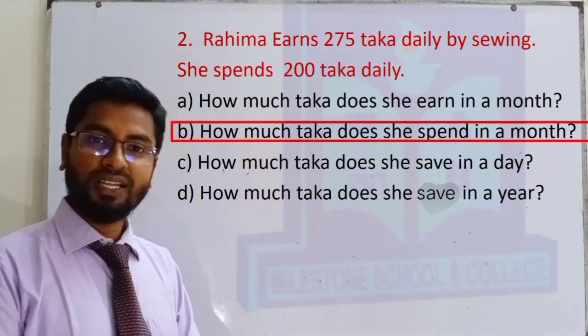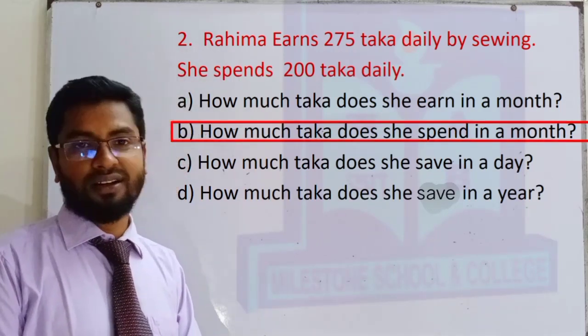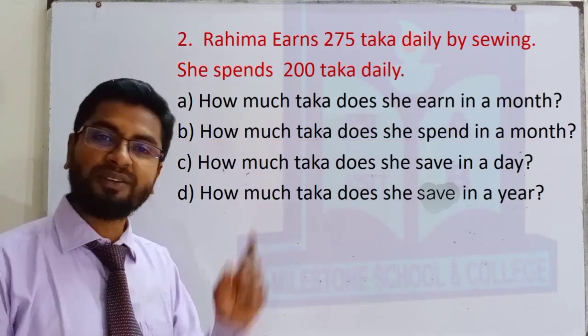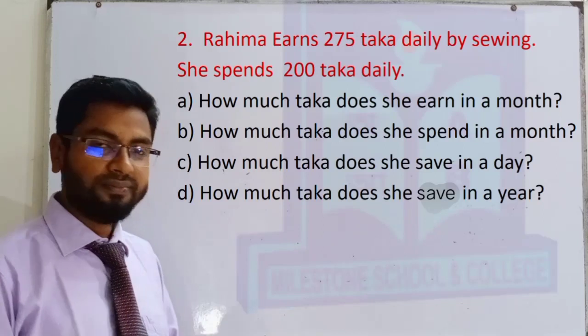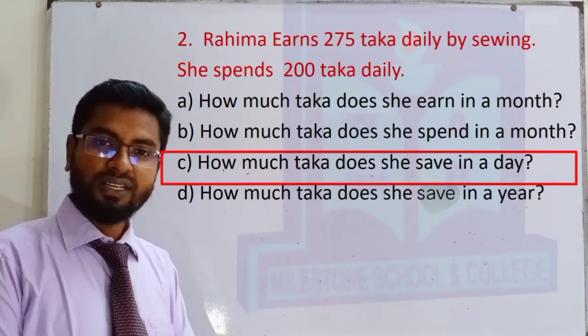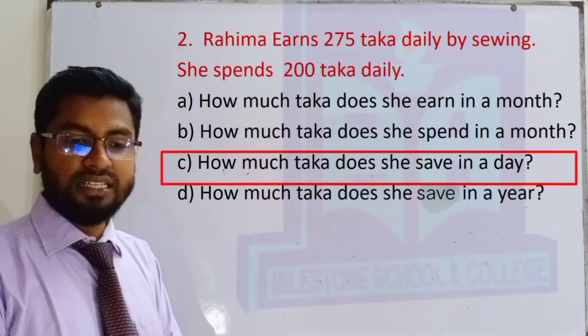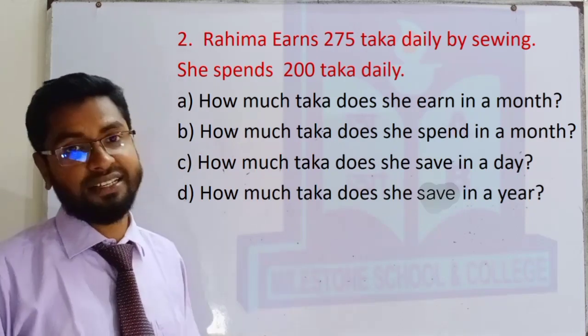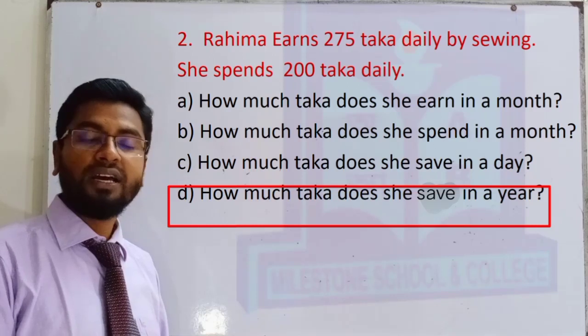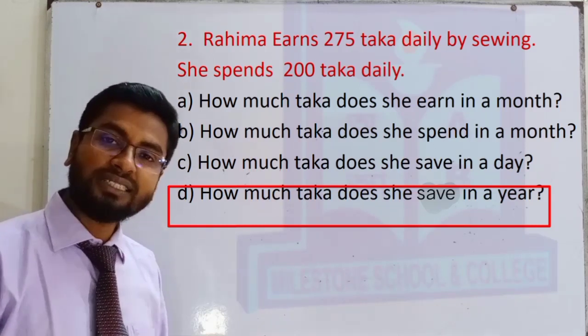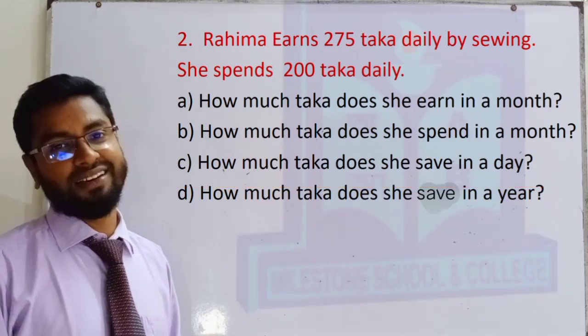Number B, how much taka does she spend in a month? Then C number question, how much taka does she save in a day? Then D number, how much taka does she save in a year?